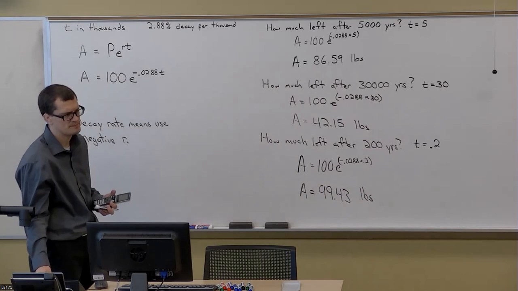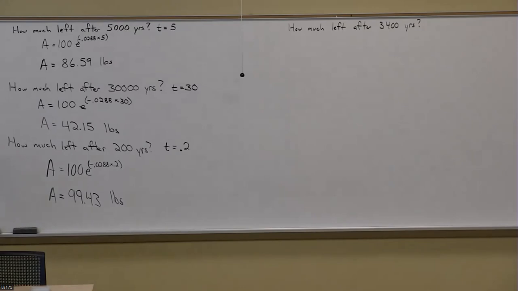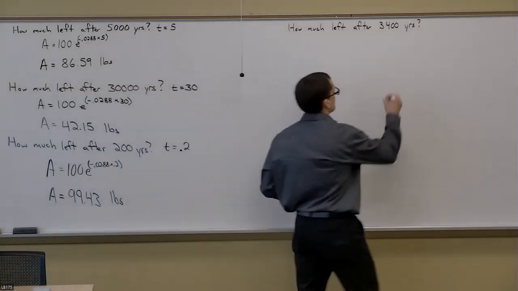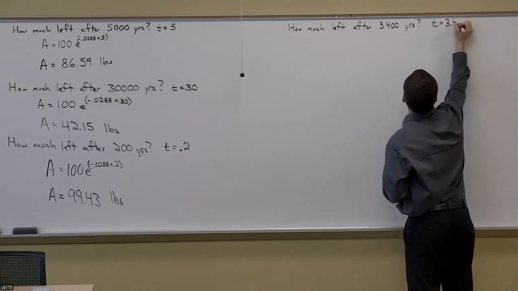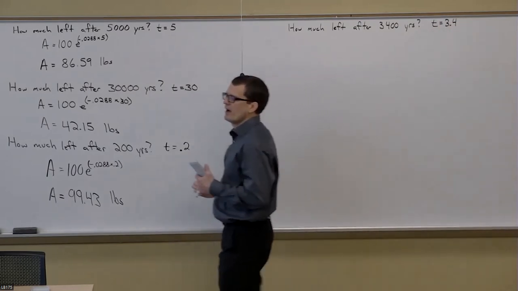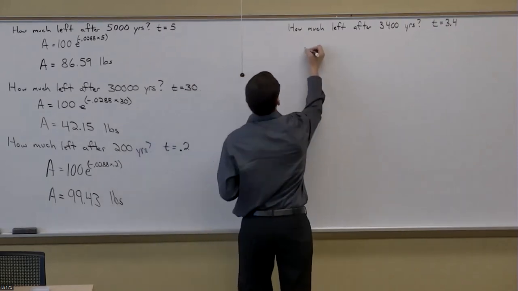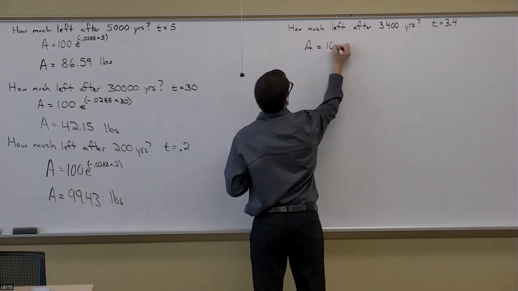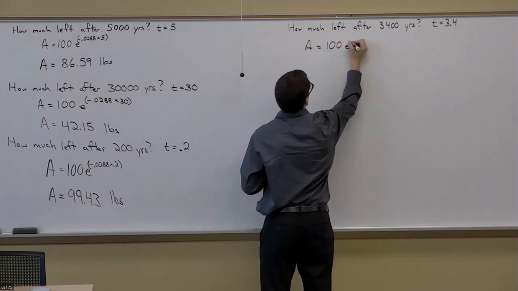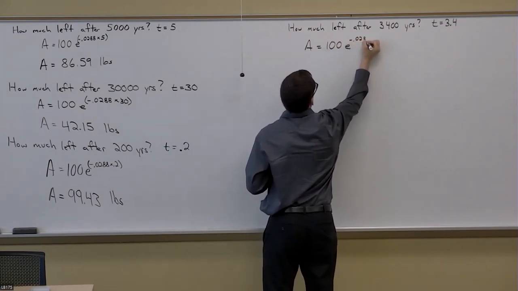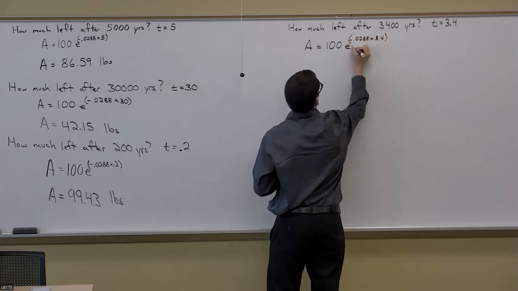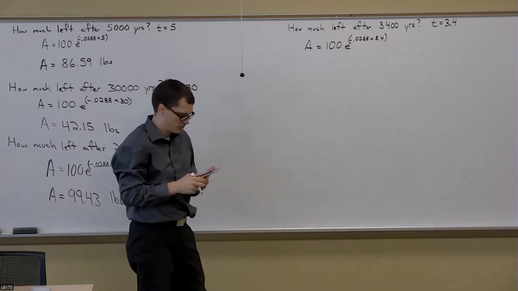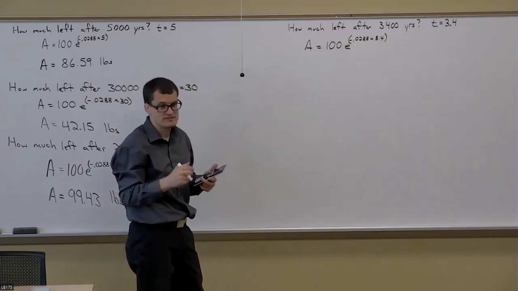Is that all right? And then lastly, after 3,400 years, that's a T value, I should say, of 3.4. We just plug in 3.4 for the T. Again, make sure you plug that in nicely in parentheses, all that stuff.